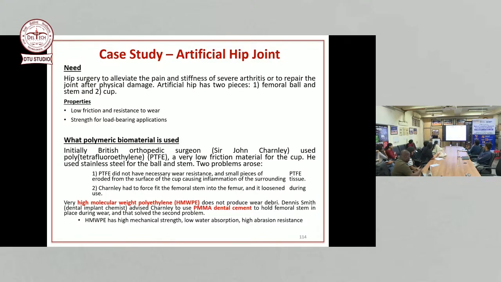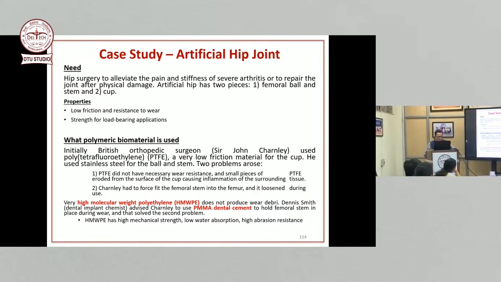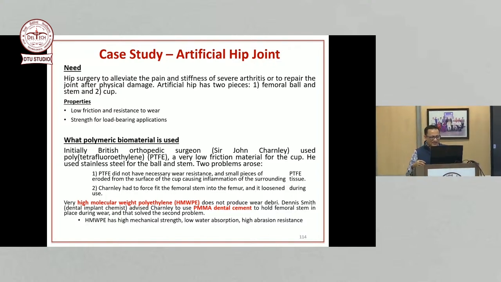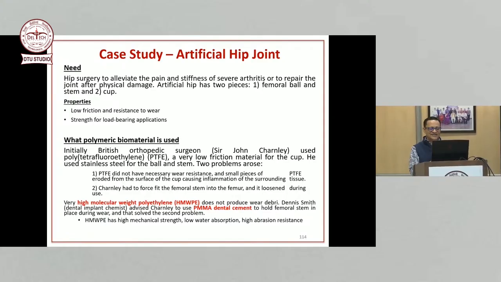Second, this stem that goes inside the bone, like he was drilling in the surgery to put this stem in the bone, it loosened over time. That's a problem too. So then his friend helped him. Very high molecular weight polyethylene does not produce this wear debris that PTFE did.